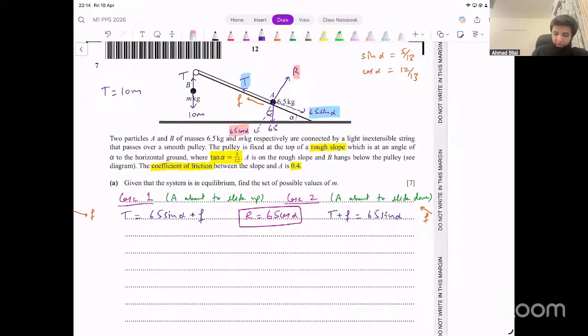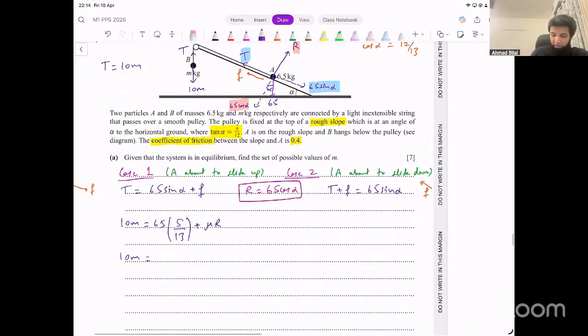Now we just solve these equations. Tension, remember, is equal to 10m. Let's replace it with that. 10m equals 65 sine alpha, sine alpha is 5 over 13, plus F. F is mu times R. Let's simplify this further. 10m equals 25 plus mu, which is 0.4, times R. R equals 65 into cos alpha, which is 12 over 13.